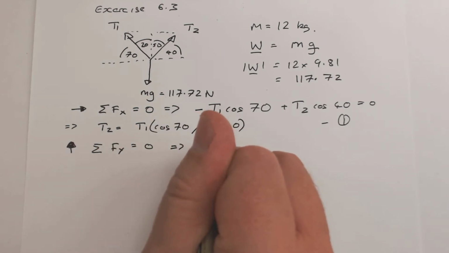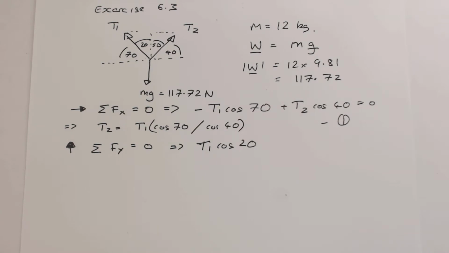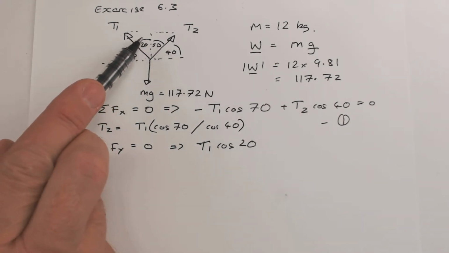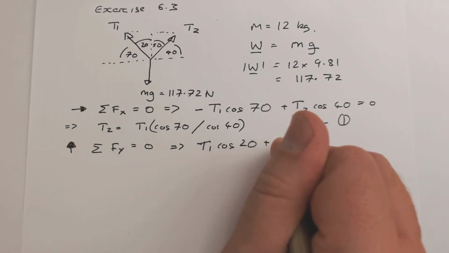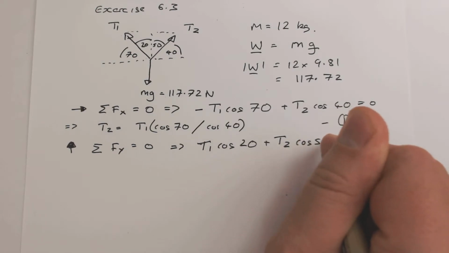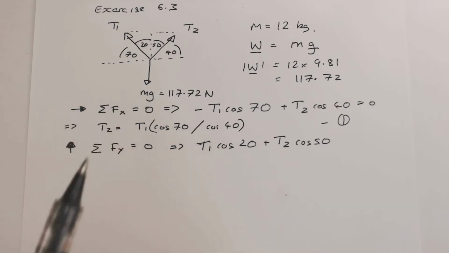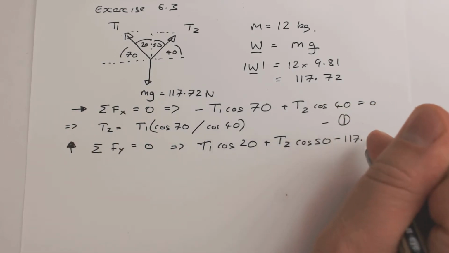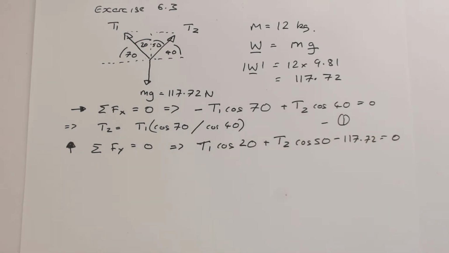So we've got T1 times cos 20. Notice I'm just using coses all the time. Swing through 50 degrees here to get that point into vertical. So plus T2 cos 50. And the final force is this one here pointing in a negative direction, so minus 117.72, and that all equals 0.